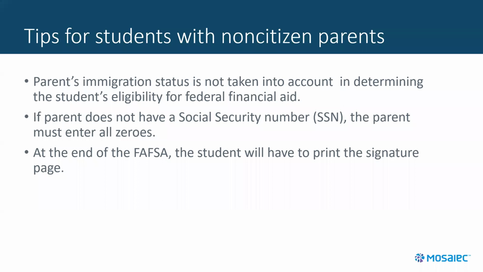You will have to print out the FAFSA form, have your parent sign it, and mail it in for processing. The mailing address for FSA will be listed on that signature page, so you don't have to go and look around for it. The mailing address and the company that you send it to will all be listed there.